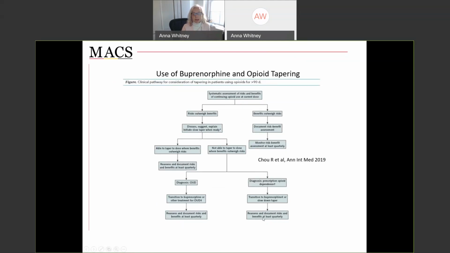That is not the same if you are prescribing the other formulations for the treatment of pain, which does not need an X waiver. But in this situation, to be on the safe side, it is possible to also use your X waiver, particularly if the diagnosis is an opiate use disorder.